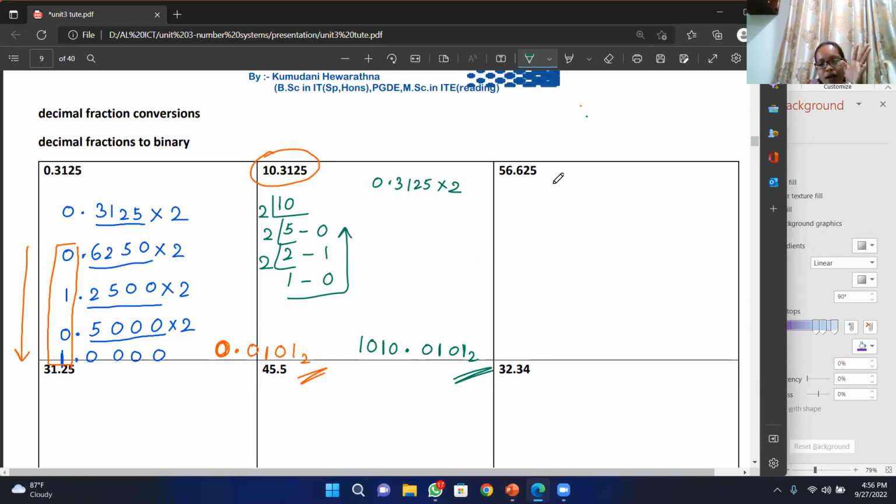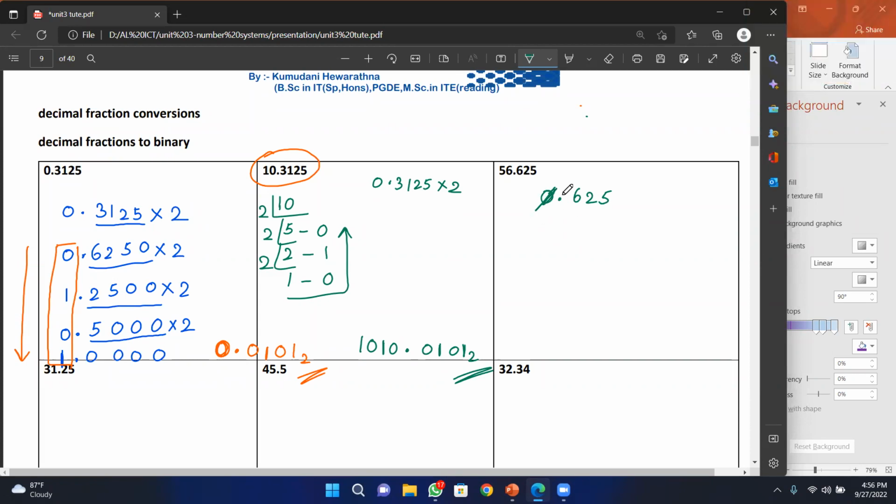If you like, you can just omit the 0 and work with .625 even. But definitely you have to omit that 0 in the answer. Don't take the first 0.